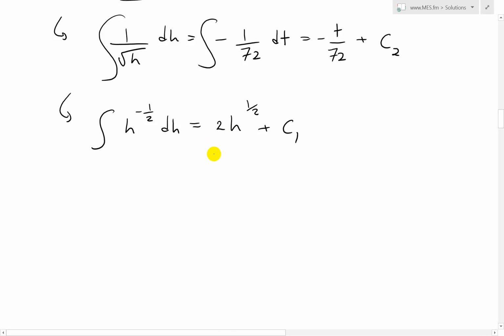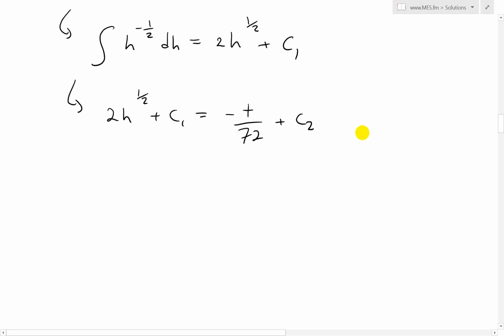So putting these all together, what we end up getting is 2h to the 1/2 plus c1 is equal to negative t over 72 plus c2.